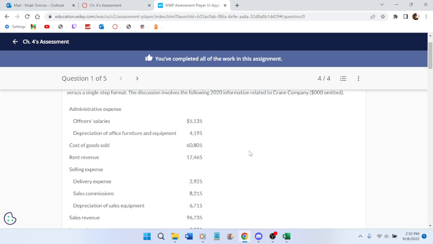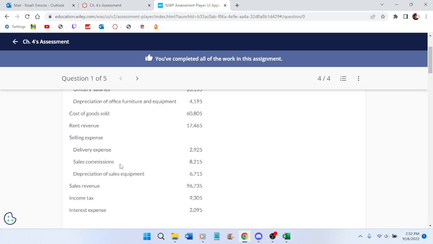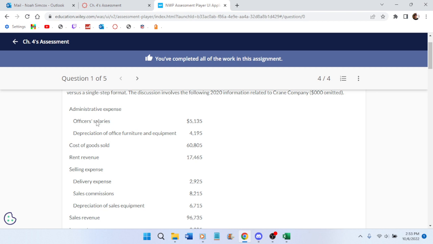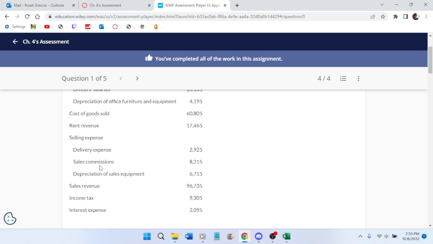Okay, so it will be sales revenue minus cost of goods sold. There doesn't seem to be any sales discounts or allowances. So it's just sales revenue minus cost of goods sold equals gross profit.